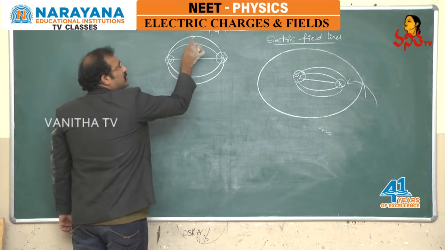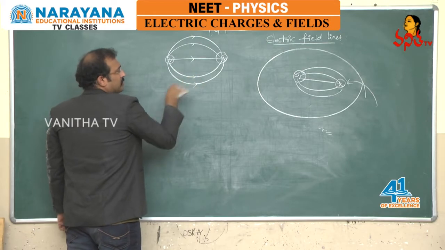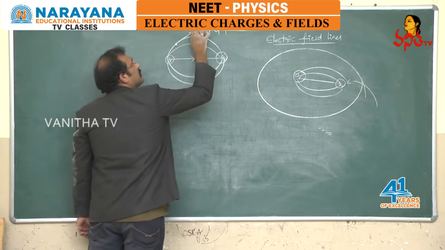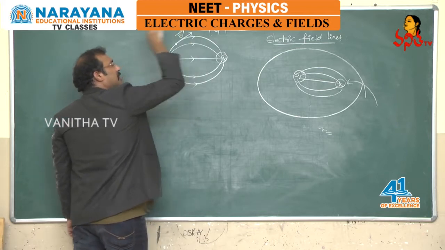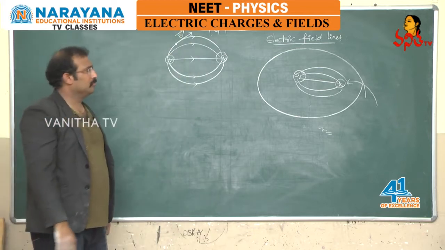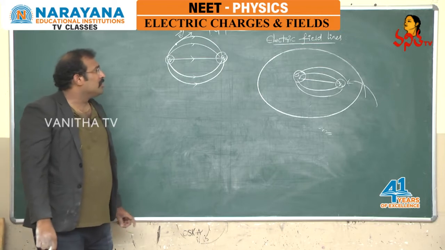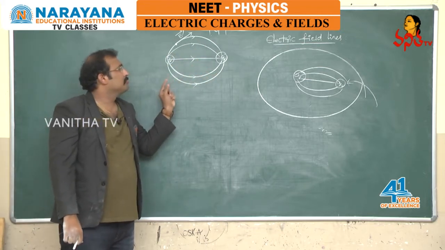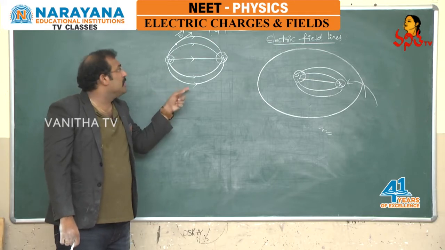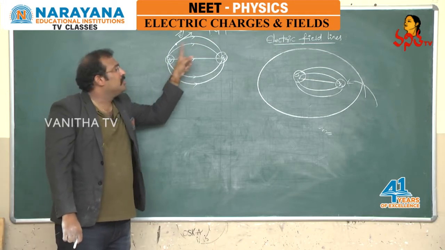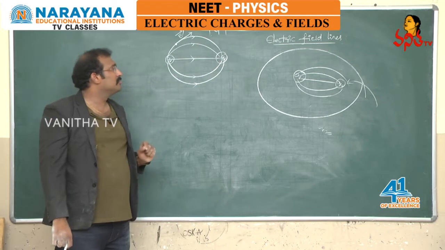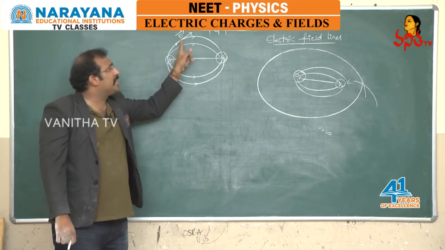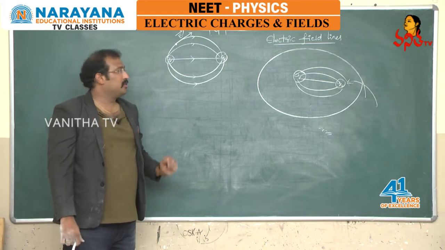So these field lines are represented like this. If I put a point over here, the tangent drawn at this point will give the direction of the field at that point. That means the field lines are the imaginary lines, basically starting from positive charge and ending on negative charge, where the tangent drawn at any point gives the direction of field at that point.